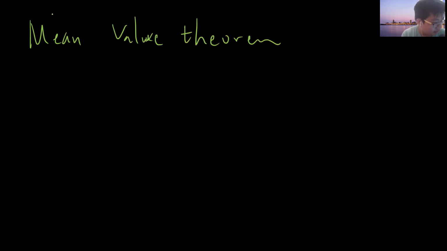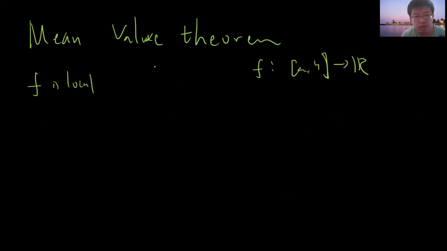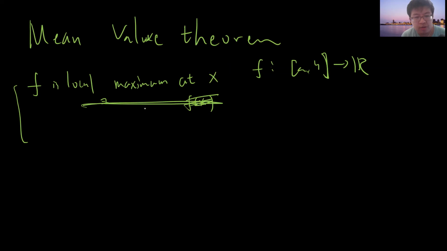Okay, so in order to start the theorem, we need to define the so-called local maximum. So f is a local maximum, still the old school, f from the closed interval [a,b] to R. So f is a local maximum at x means what?